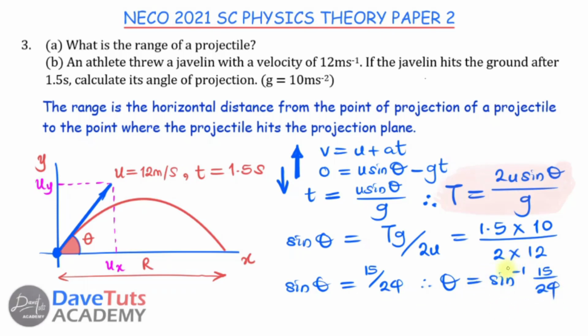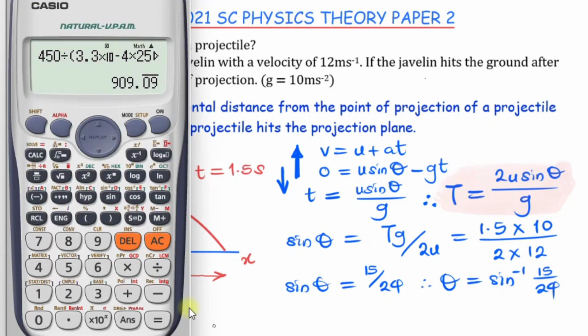So this is what we need to put into our calculator to get our solution out. We want to say arc sine of 15 divided by 24, and close the bracket. What's that going to give us? That is 38.682.